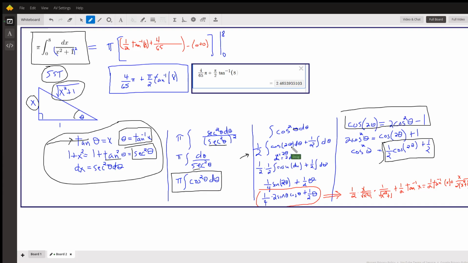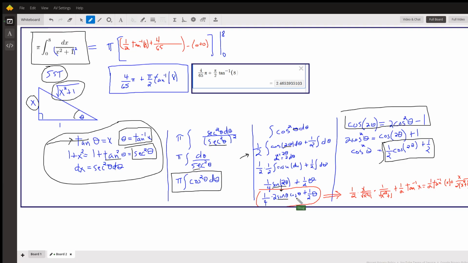Use u substitution for this integral. The antiderivative of 1/2 d theta is theta. Going from here to here, we're using the trig identity for the sine of twice an angle: it's 2 sine theta cosine theta.